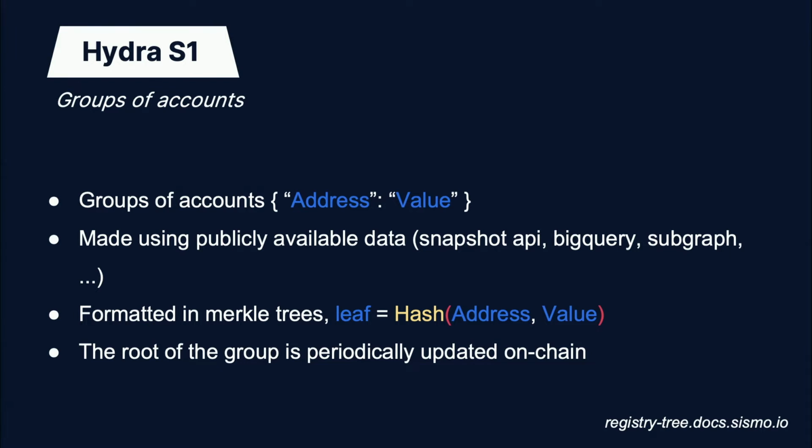So this can be made publicly with a snapshot API, BigQuery, subgraph, stuff like that. And they are formatted in binary Merkle trees, where the leaf is the hash of the address and the value. And the root of this group will be periodically updated on-chain with an off-chain infrastructure.